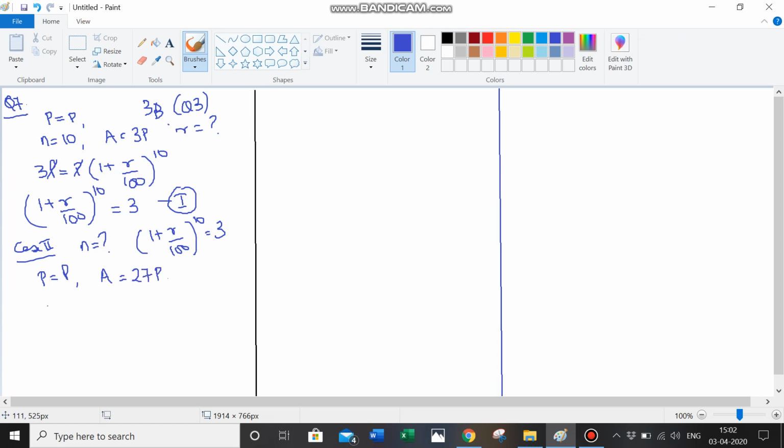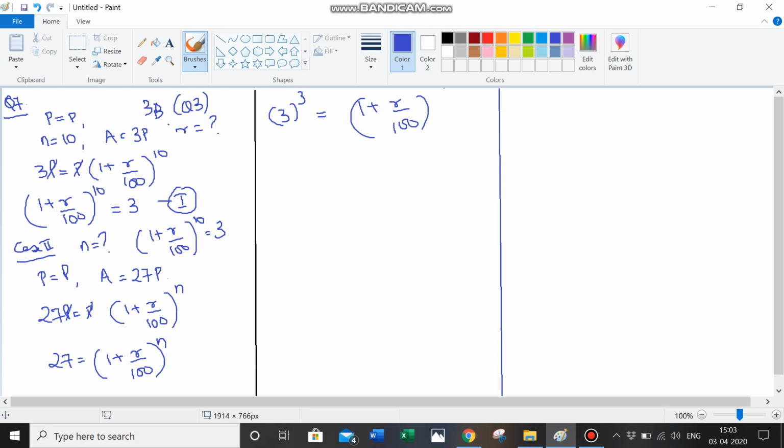Let's put the equation. 27P is equal to P times 1 plus R upon 100 raised to the power N. Dividing both sides by P, I am left with 27 is equal to 1 plus R upon 100 raised to the power N. The left hand side can be written as 3 cubed, because 27 is 3 cubed, is equal to 1 plus R upon 100 raised to the power N. But 3 is equal to 1 plus R upon 100 raised to the power 10.